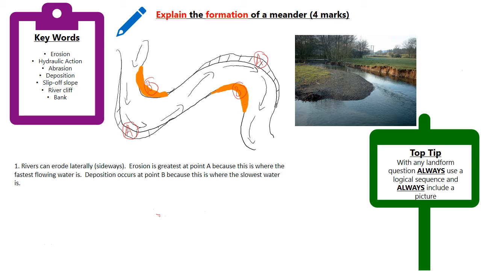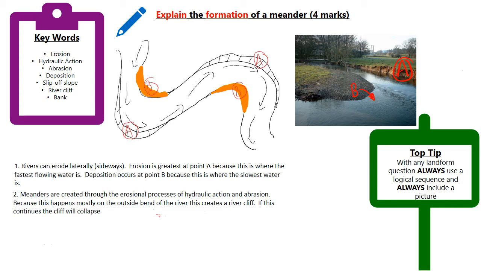If I label that now on the picture, that point is going to be over here, and deposition occurs at B because this is where the slowest water is. So again, if I label that on my diagram, B is here, so that's where the slowest water is going to be. And we'll talk a bit more about that in a moment. Again, I've started off with just an overview, and now we're going to go into a logical sequence.